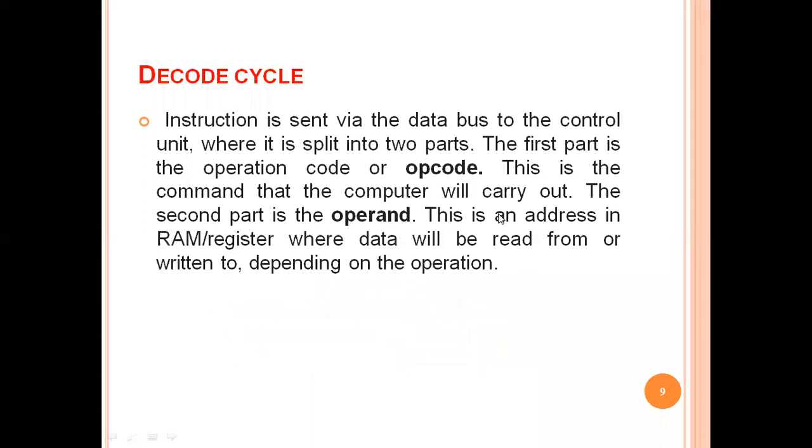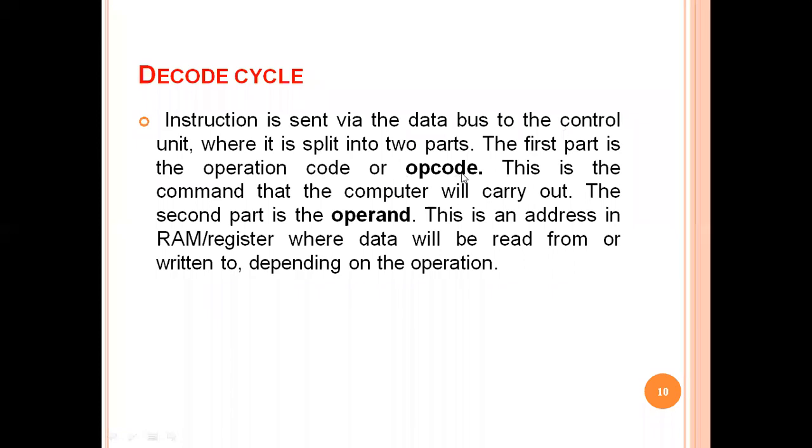Clear? What is the decode cycle? Decode cycle means the instruction which is stored in the instruction register will be decoded by the CPU. Decoded means you have to find out what type of instruction it is. Last day I showed you the opcode.